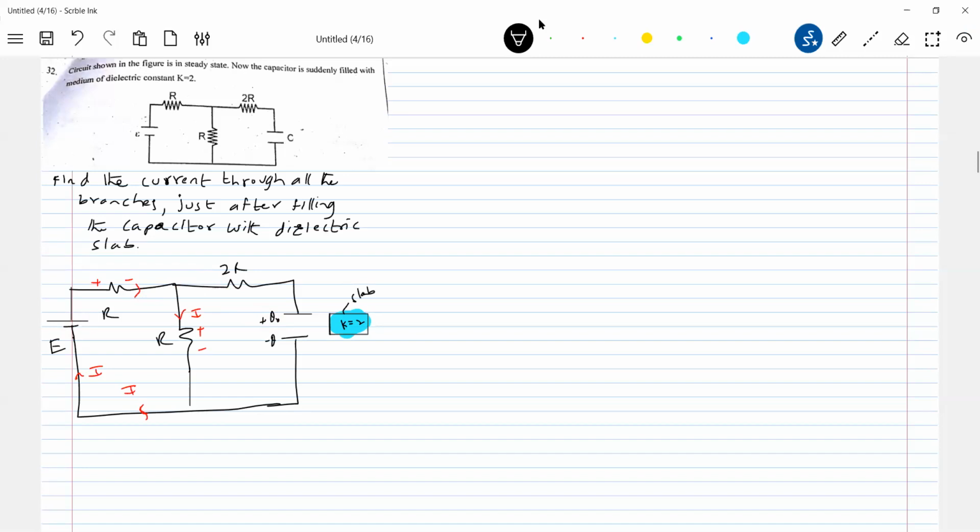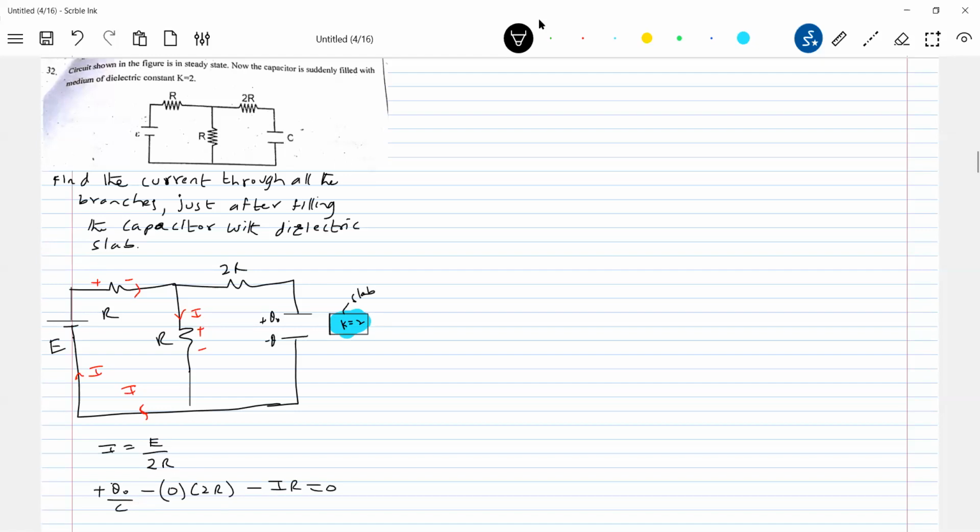So what is the expression for I? I is equal to E by 2R. Write the loop equation, calculate the potential drop. The drop across the capacitor should be the drop across this resistor. Loop equation: plus Q naught by C minus 0 into 2R minus I into R equal to 0.